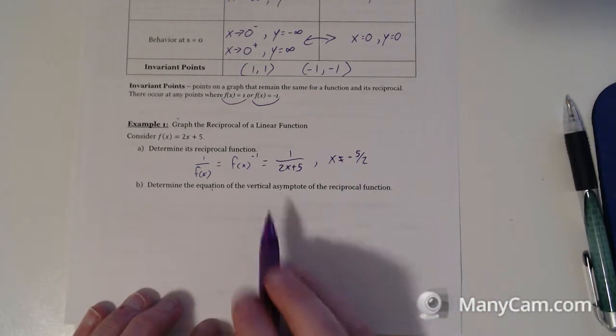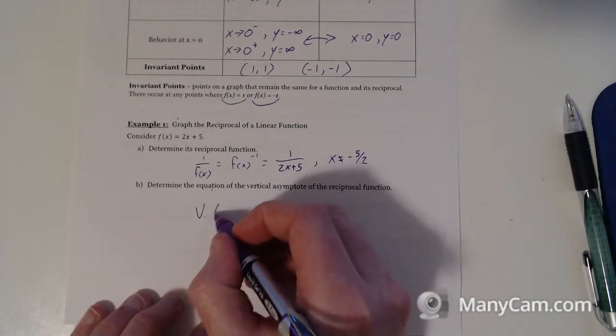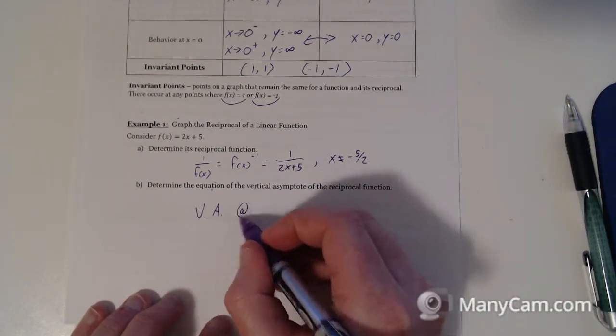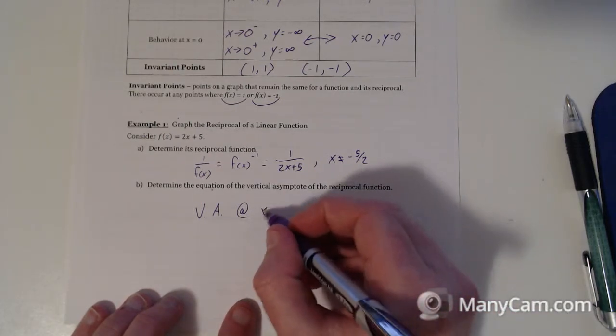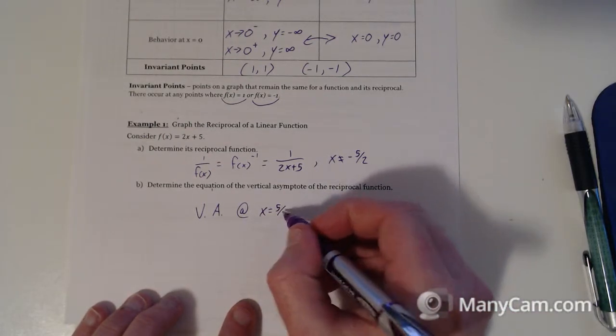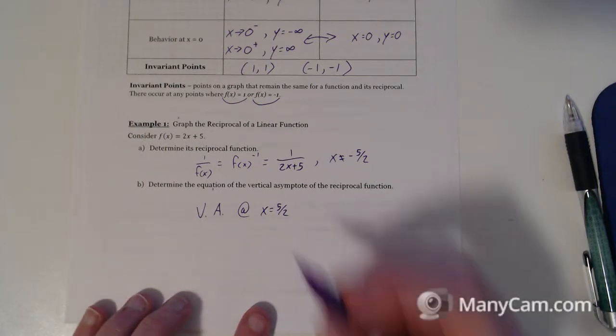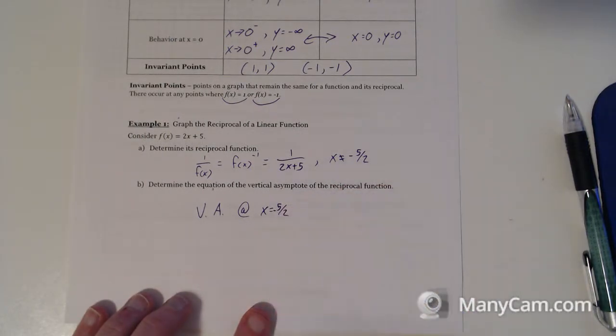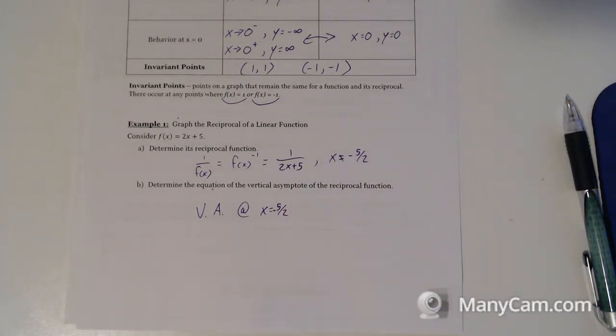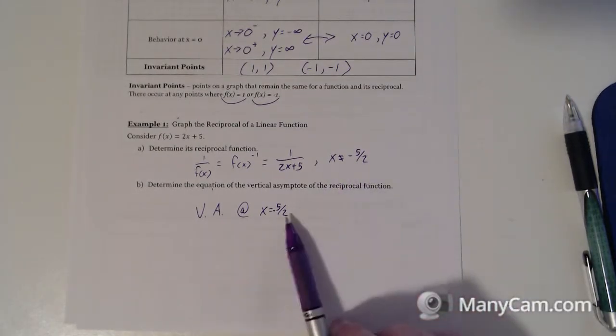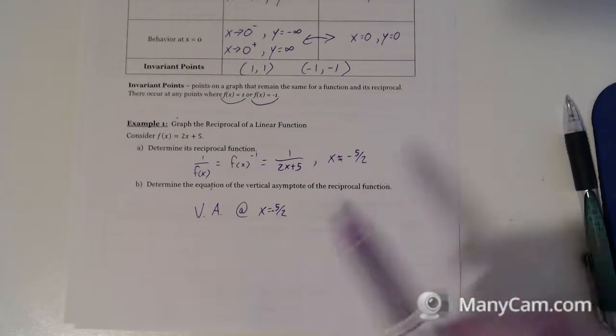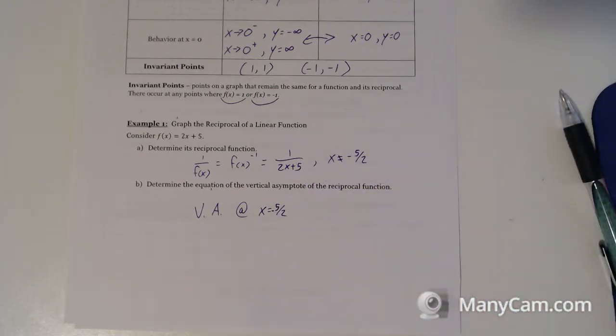So there is a vertical asymptote at x equals -5/2, sorry. The sign does matter. Whatever the restriction is, that's the vertical asymptote, unless there's something on the top that can cancel it out. That's the only exception, which I don't know if we're going to see.